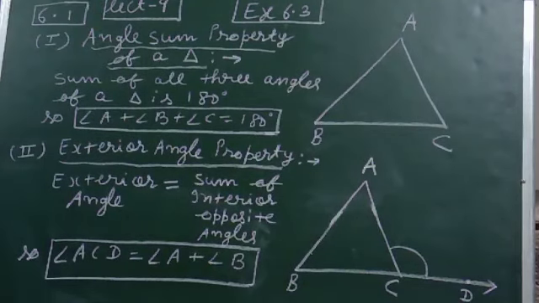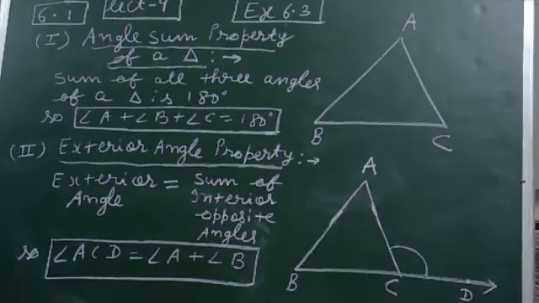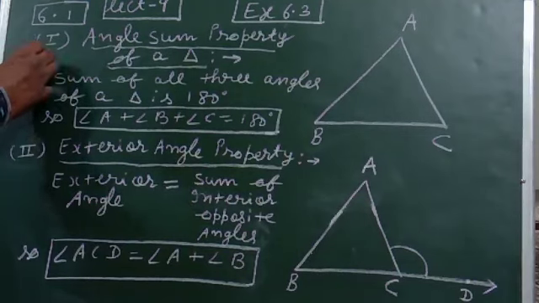If two angles are there, their sum will be 180 on a straight line. And if angles are more than 2, then again the sum is 180, but there we will write one extra word, that is axiom.